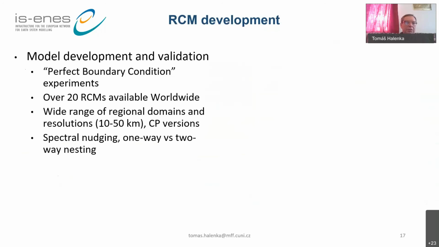One important issue is to keep the regional model simulating the effects of land surface processes. Sometimes spectral nudging is used, which means that larger scale effects are forced not only on the boundary of the domain, but also from the top of the model.